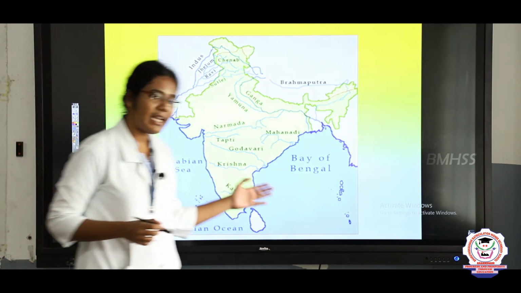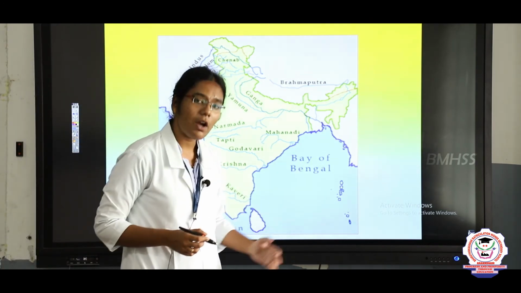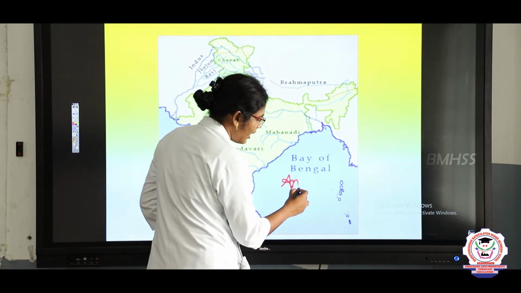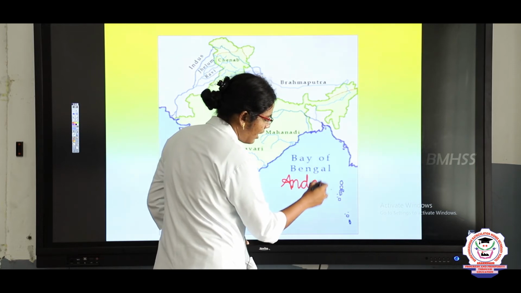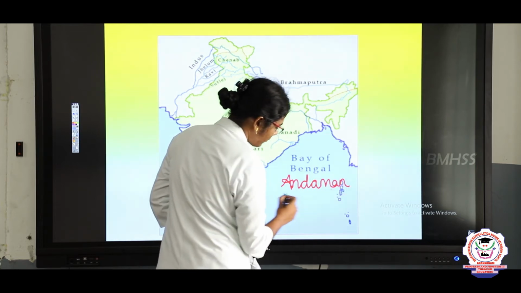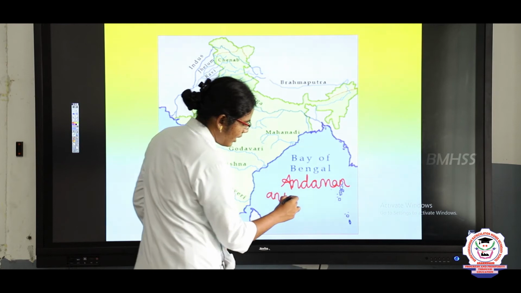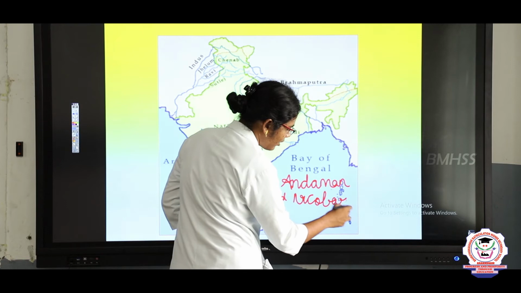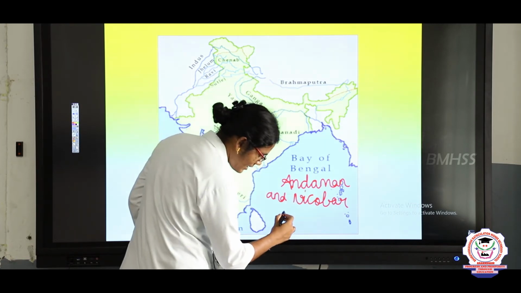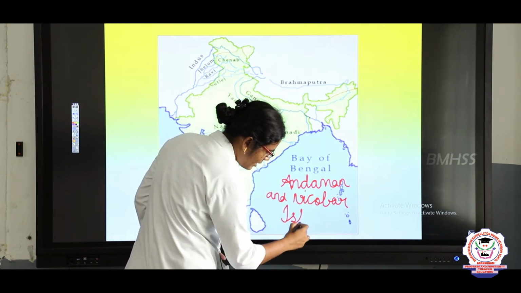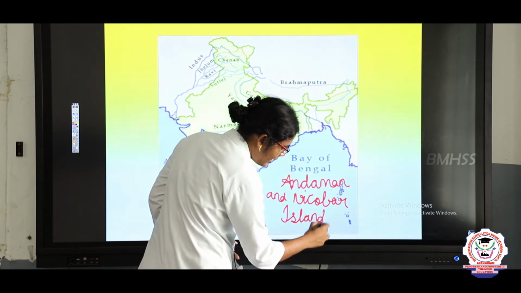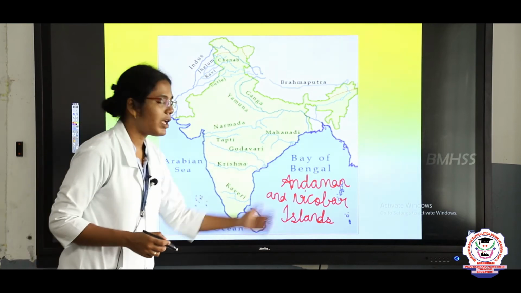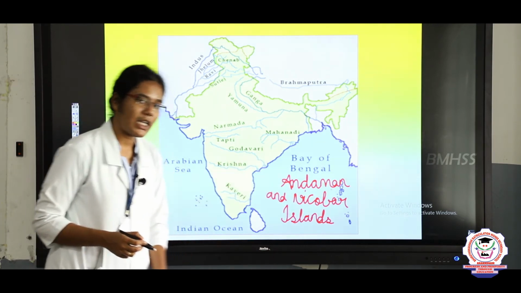A group of islands which is present in the Bay of Bengal are the Andaman and Nicobar Islands.